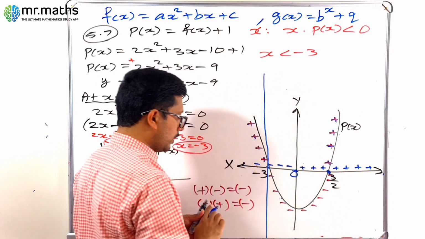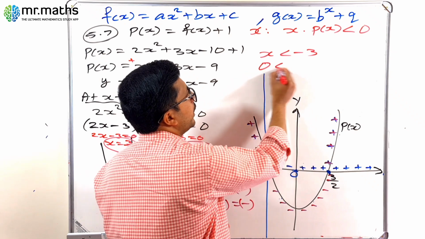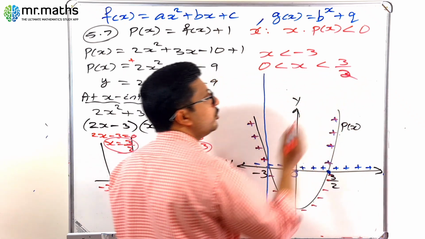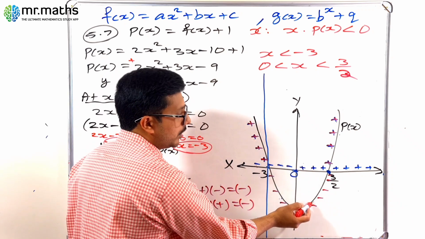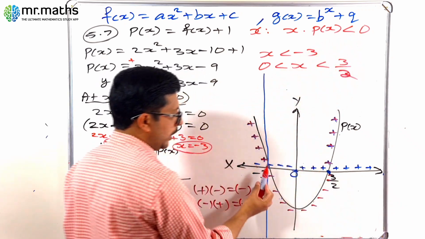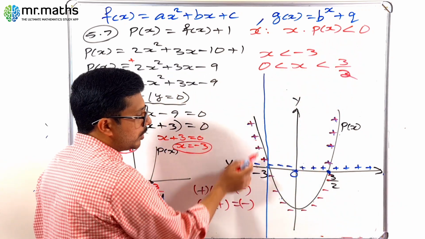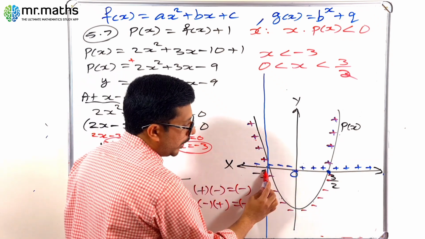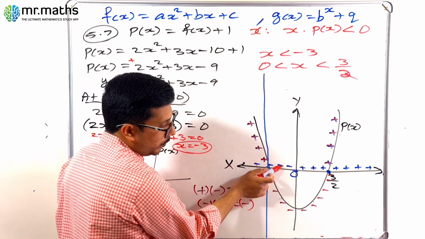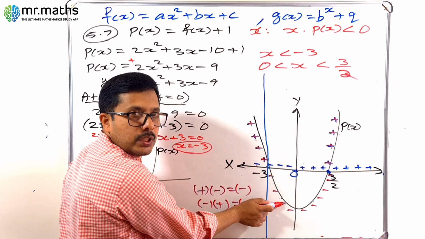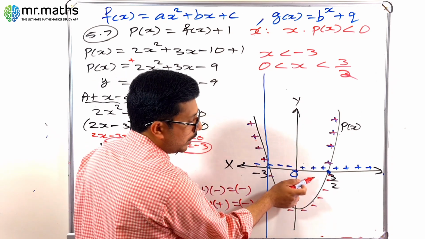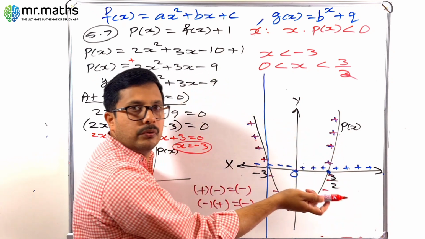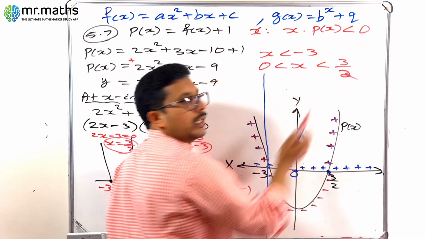That means the second answer is the x value between 0 and 3 over 2. Positive into negative is negative. When x is less than minus 3, positive into negative is negative. But between minus 3 and 0, minus into minus is positive, we don't want that. Here, positive into positive is positive, we don't want that because we want a negative answer.